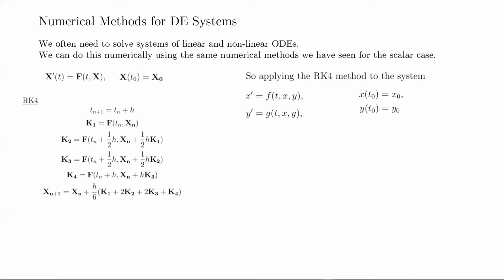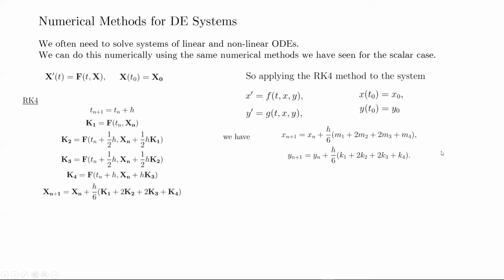So I can write down my update formula for each of these individually. xn plus 1 equals xn, the value of x at the previous time step, plus h over 6. This is just a feature of RK4: the coefficients are 1, 2, 2, 1. So we have h over 6 times m1 plus 2m2 plus 2m3 plus m4, and a similar equation for the update for y.